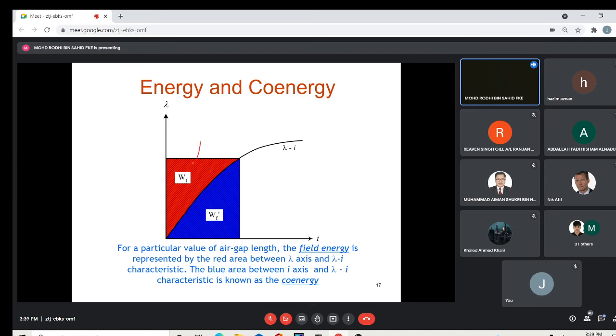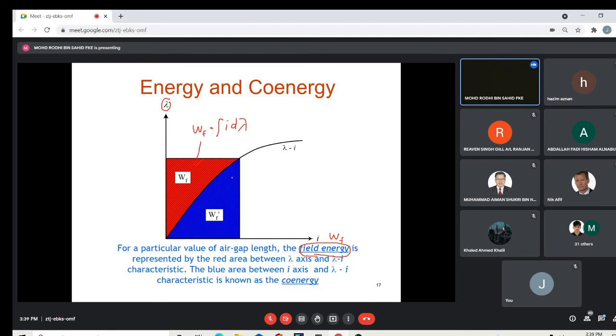The red area, WF, is what you get when you integrate I with d lambda. So this is known as the field energy, WF.